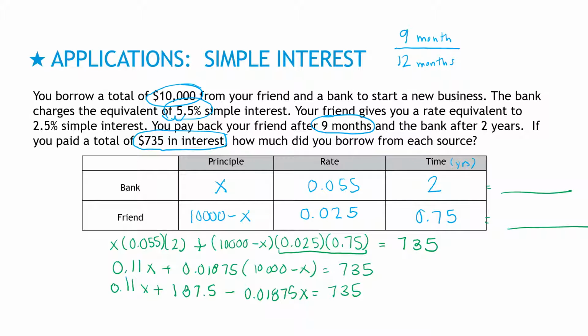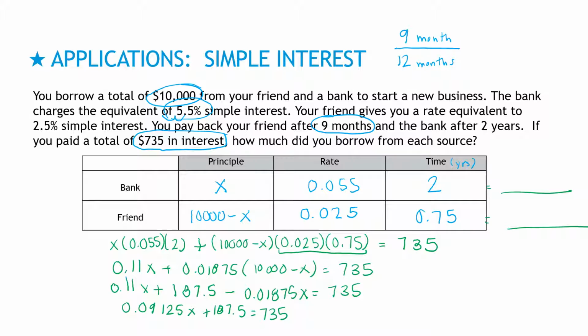So I've got 0.11x minus 0.01875x. And so on total x's, I have 0.09125x plus 187.5 equals 735.